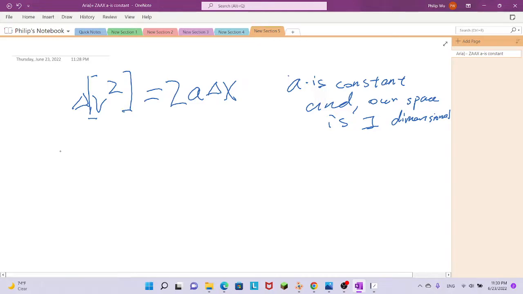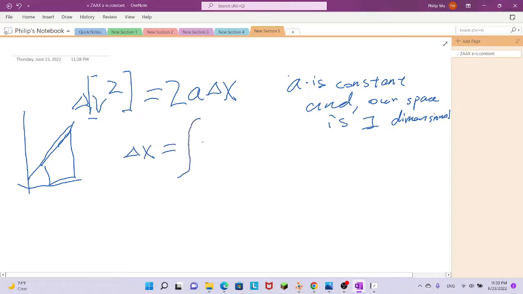First we want to prove that this is true, and the proof is actually quite simple. We need to keep in mind that displacement over some time interval is equal to the integral of velocity over that time interval.